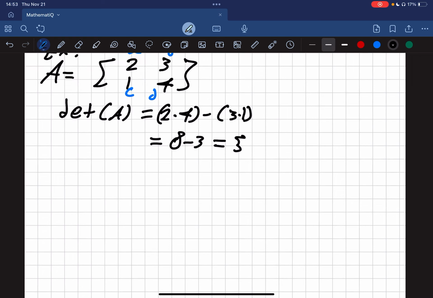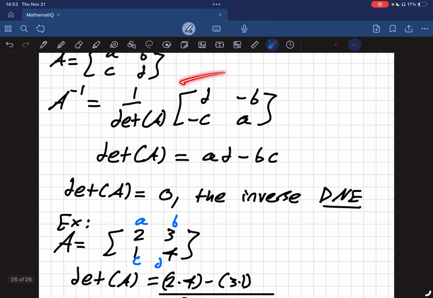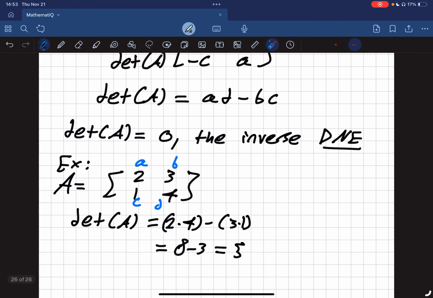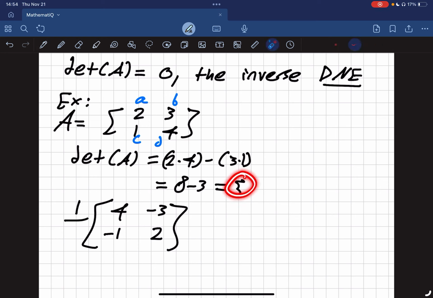And then you simply apply this operation, where you swap the diagonal and negate the two sides. So what I go ahead and do is I get 4 and 2, since I swapped those around, and I get negative 3 and negative 1. Okay? And then I multiply by 1 over the determinant, which I just found to be 5.